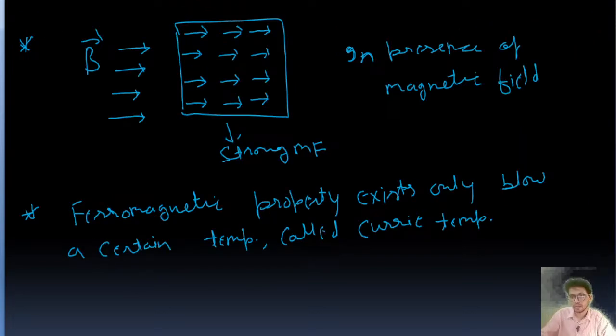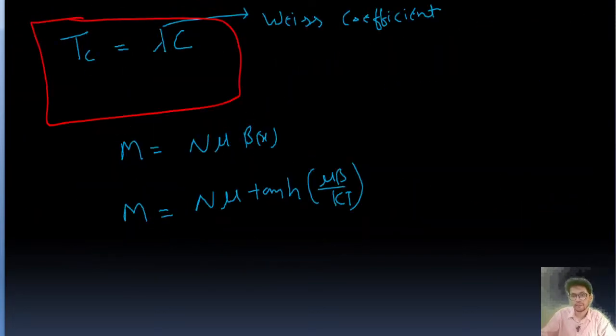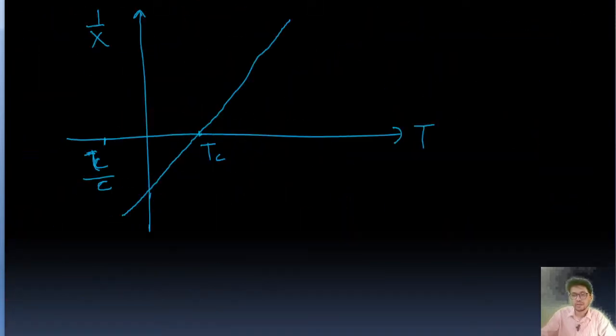Curie-Weiss law. So this is the straight line graph, and you need to know that this is a very important graph: 1 upon chi versus temperature. This is the case of ferromagnetic material. So this will be the graph, temperature versus 1 upon chi.